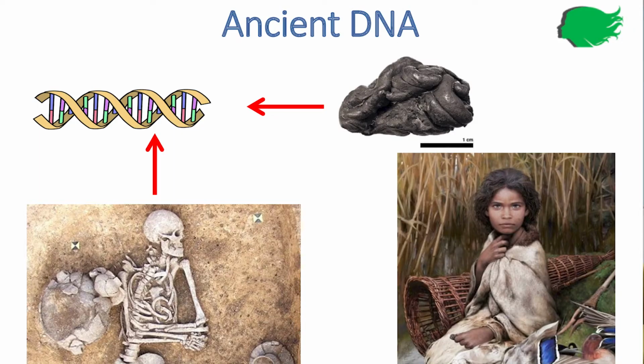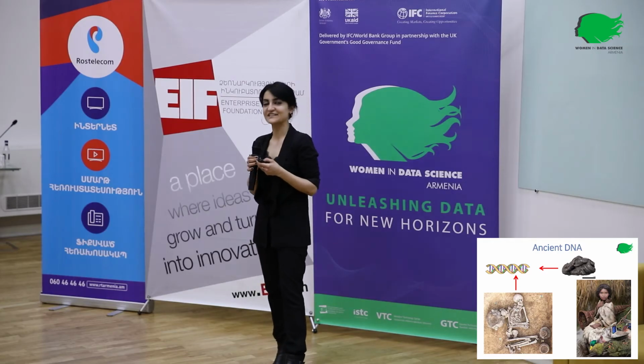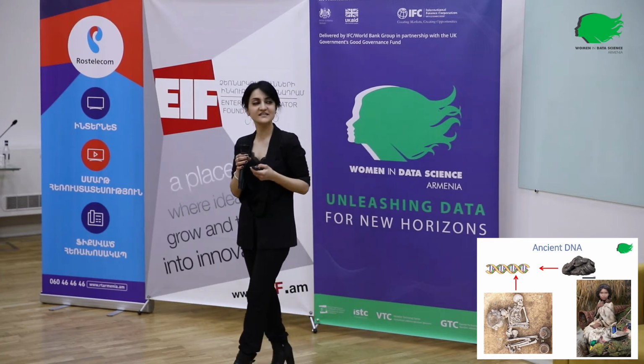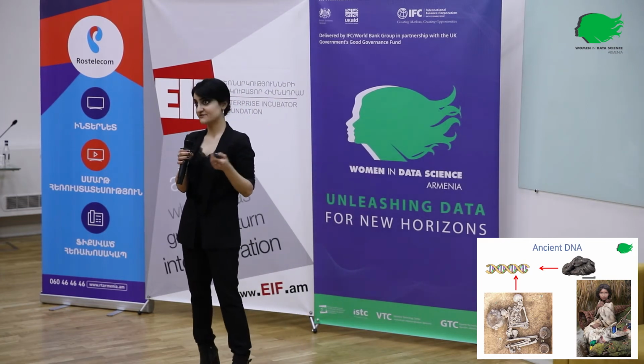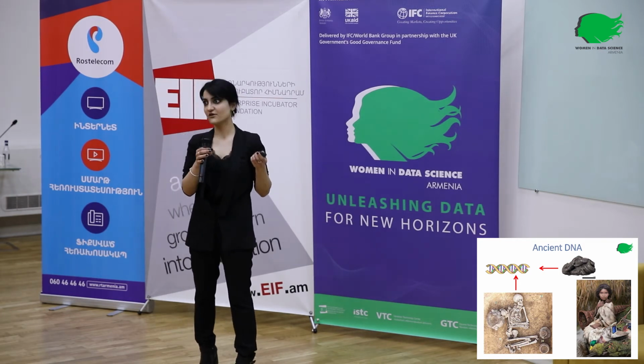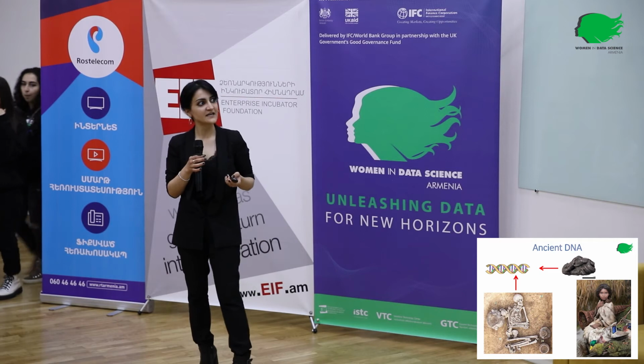It can be bones, it can be teeth, it can be basically any ancient material like ancient hair or even ancient chewing gum. Recently, Neolithic chewing gum was discovered in Denmark, and the DNA preservation was so good that we can reconstruct the girl who chewed this gum.